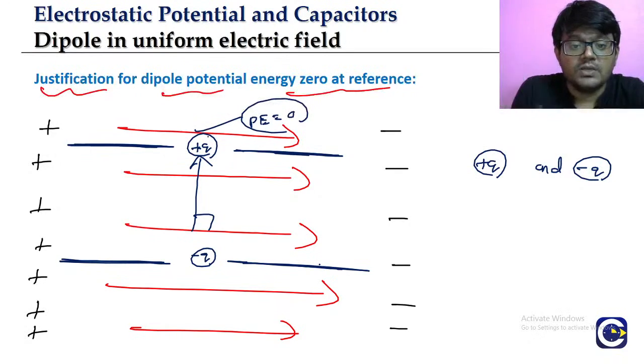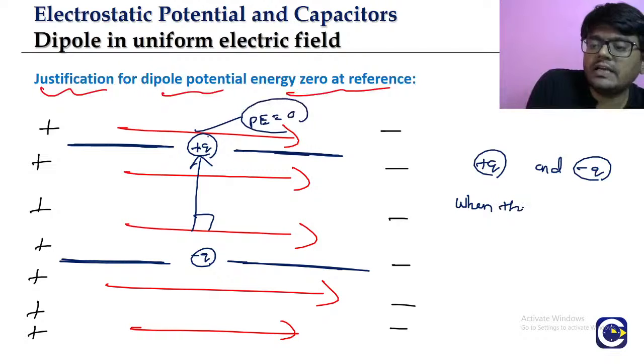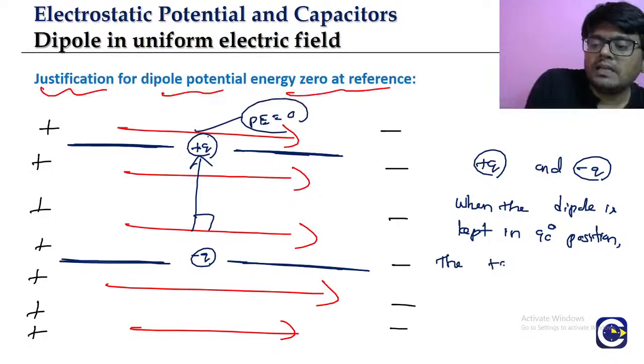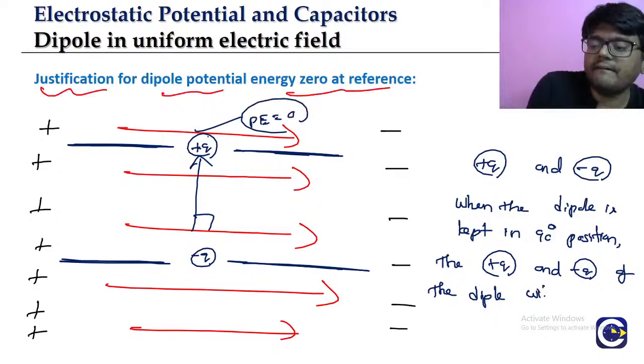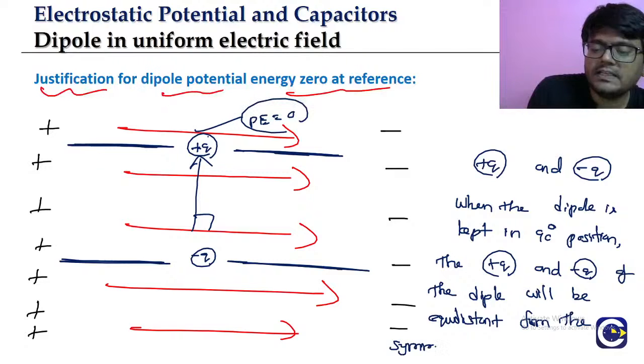So when the dipole is kept in the 90-degree position, the plus q and minus q of the dipole are equidistant from the symmetric charges of the field.